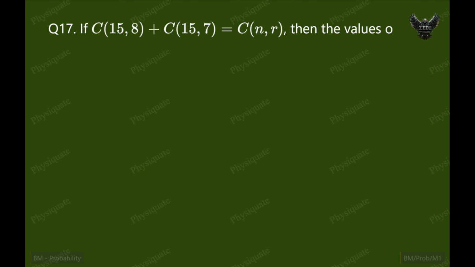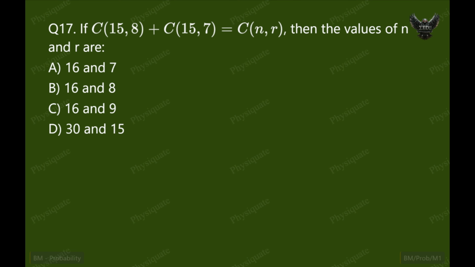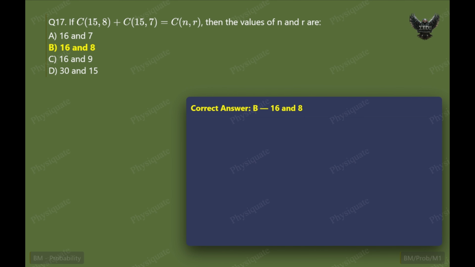Question 17. If C(15,8) plus C(15,7) equals C(n,r), then the values of n and r are. Correct answer is option B. Given C(15,8) plus C(15,7). Use Pascal identity.